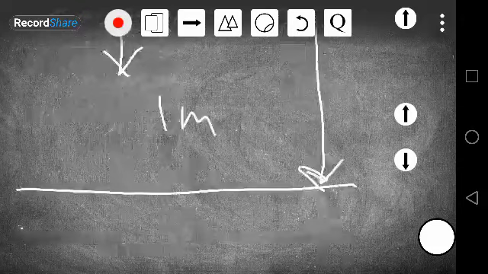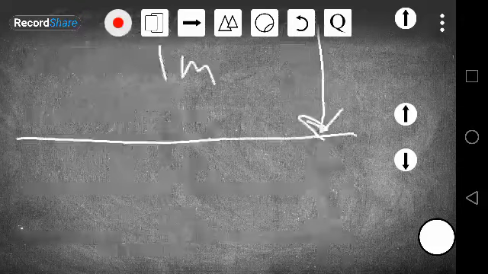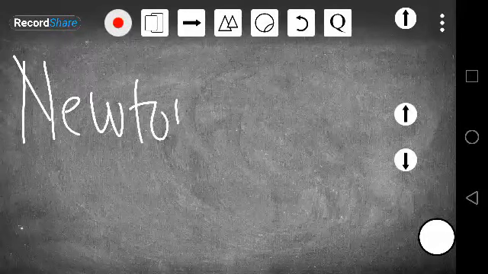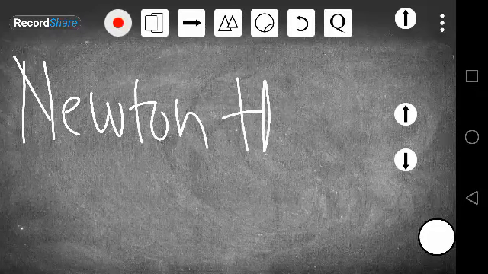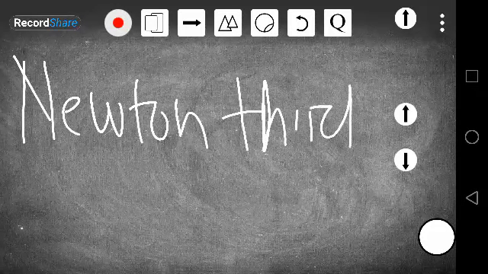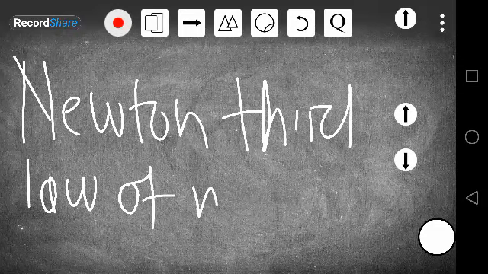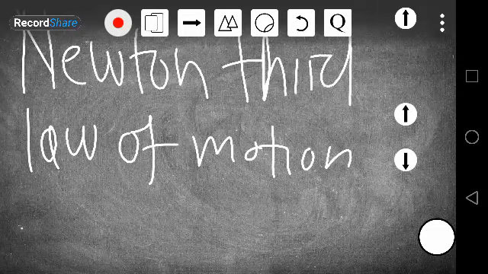Last but not least, we need to look at Newton's third law of motion. All right. Now, what does Newton's third law of motion say?